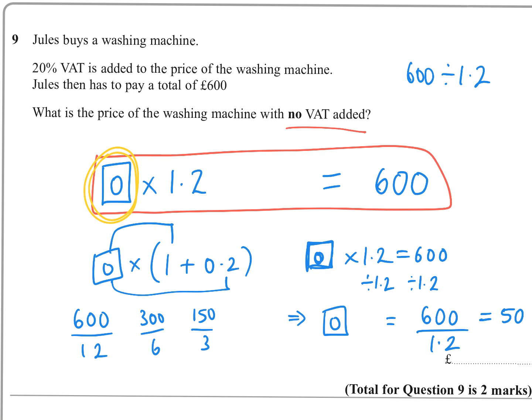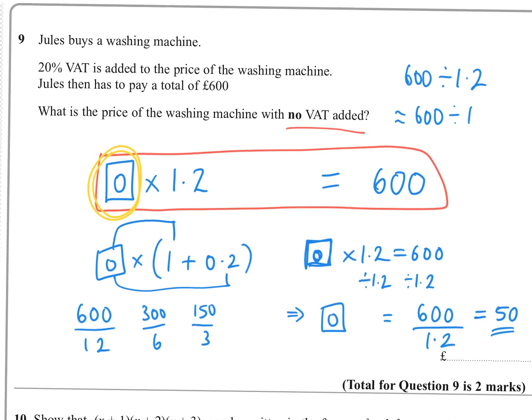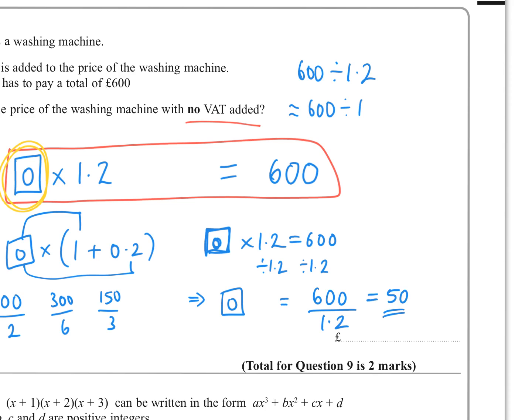So if you use your powers of estimation, then that's roughly 600 divided by 1, which is around the 600 mark. Now 50 would not be around the 600 mark, would it? So you should be able to see that using our estimation, the answer would have to be 500.